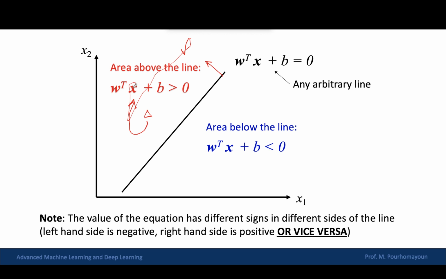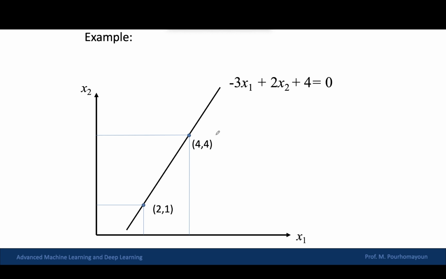If you put it here and it makes it negative, it means that it's on the right hand side of the line and you predict rainy. So the sign of this will tell you if one data point is on the left hand side of the line or right hand side of the line. In other words, it tells you if it is a positive sample or negative sample.